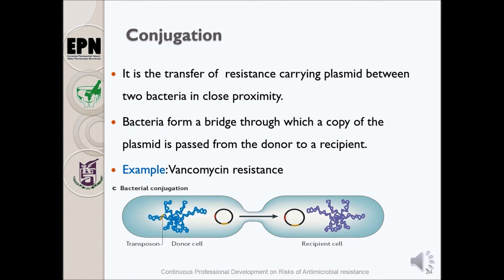Plasmids generally carry the genes that confer resistance to antimicrobial agents, and therefore any susceptible bacterium can acquire resistance. And this may be the mechanism for enterococcal resistance to vancomycin.